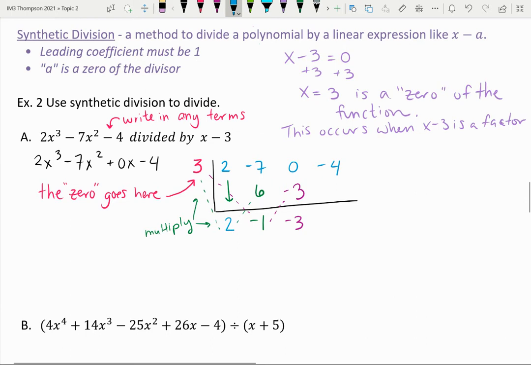I have a new number on the bottom. I'm going to continue this process until I run out of things. So I have 3 times -3, and I'm going to write it in the next space, which is -9.